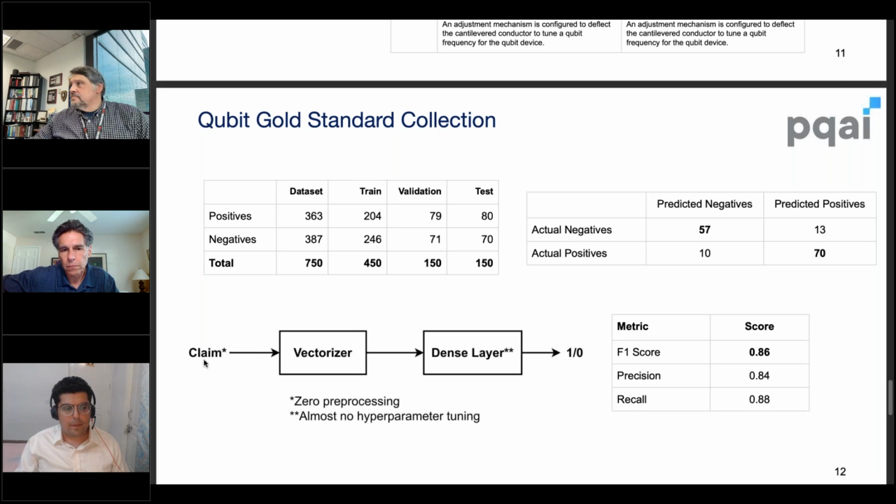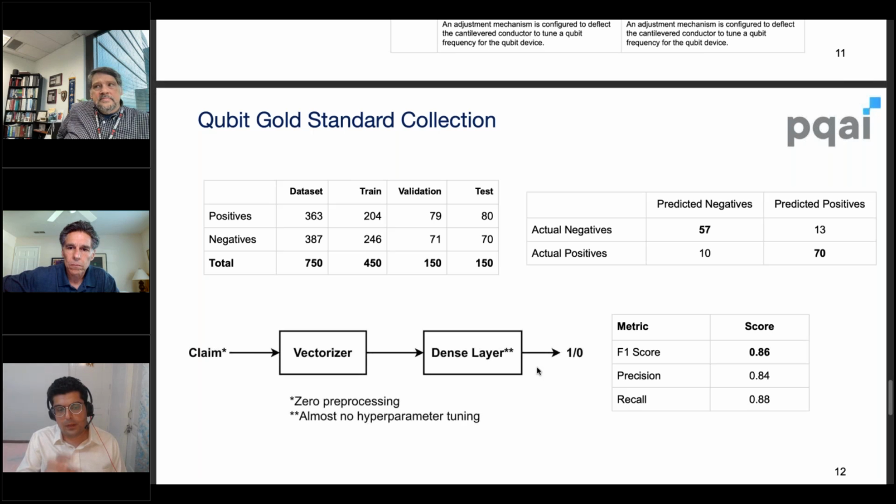We just took the first claim itself, and we did not do any pre-processing whatsoever. So you can say this pipeline is not actually optimized for classification, which, if you do, you could get better scores. But this is a very realistic indication.